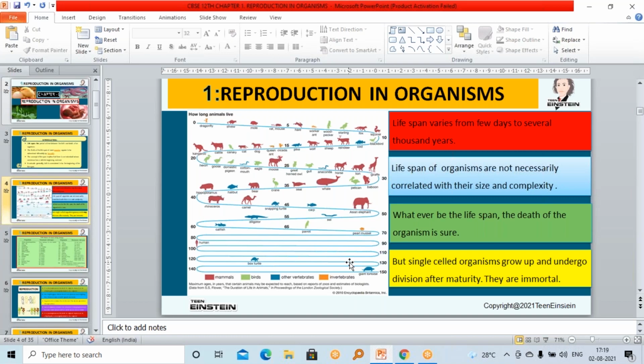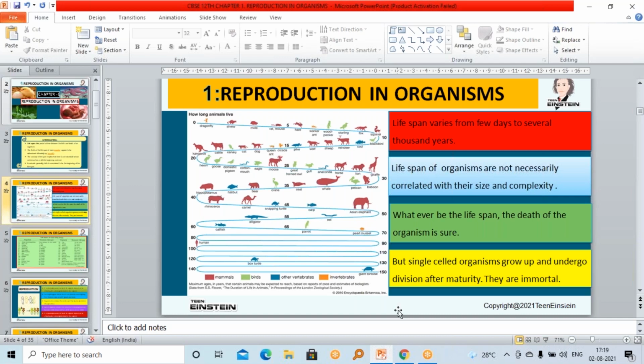The organisms with different lifespans, you can see in this chart. So the lifespan of organisms is not always related to their size and complexity. One organism may live 1 year, and another may live for 30 years.